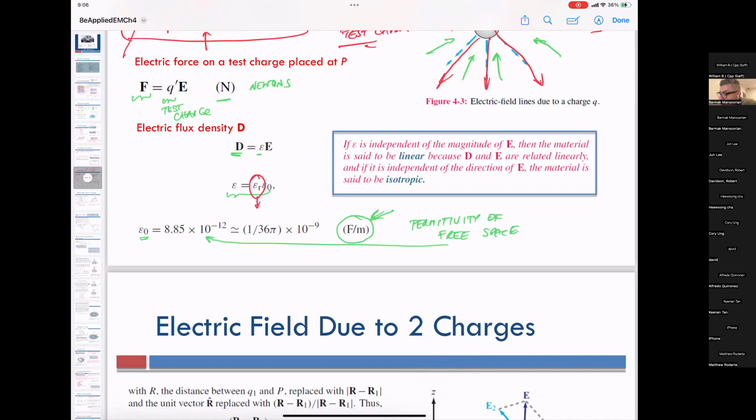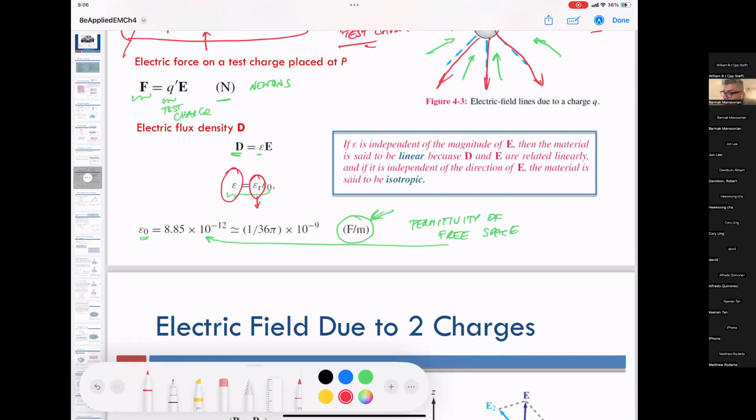Usually, the total dielectric constant, epsilon, is independent of the magnitude of the electric field E, and you call that a linear material. And usually it doesn't depend on which direction E is pointing, and that's called an isotropic material.